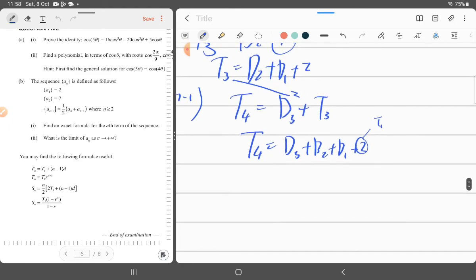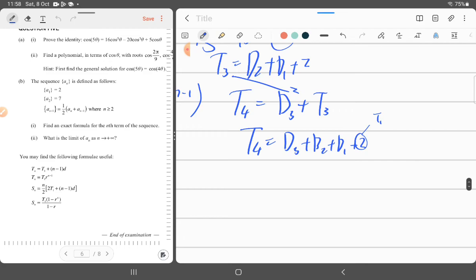So we get the nth term is equal to the first term plus the sum of the differences in terms.